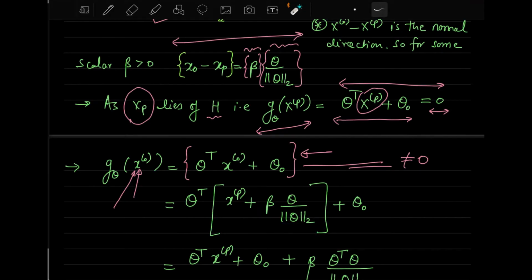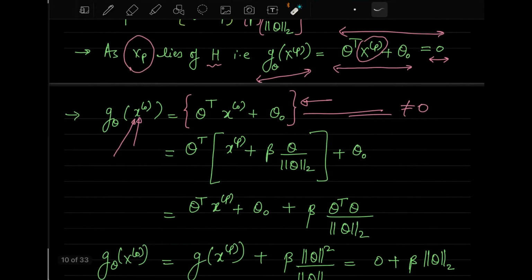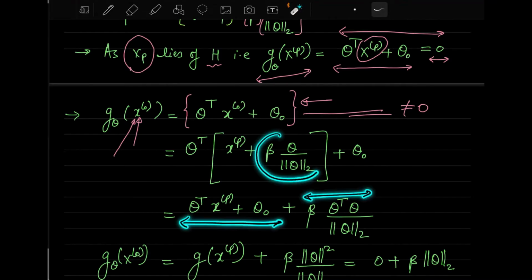You are writing x0 as xp plus beta times this, and putting it here. This is the equation that you get for g theta of x0. Now we can expand it further. You move theta transpose inside, so what you get is this and this. I am keeping this term on this side and bringing this term to this side.